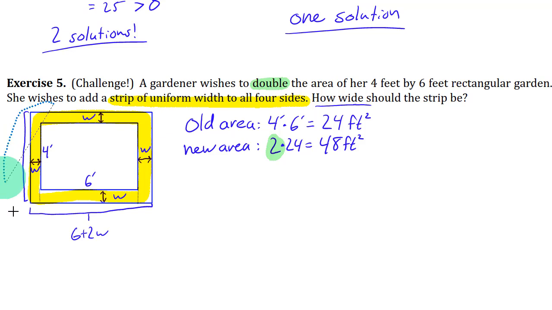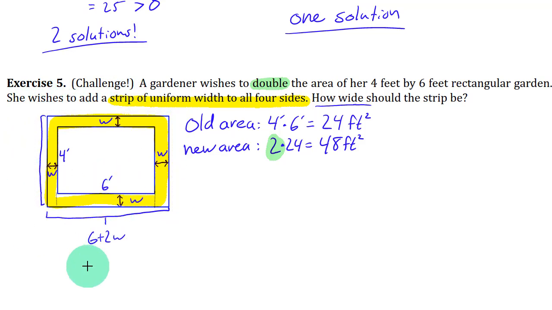The new height was 4, but then there's an extra W on the top and an extra W here. So that new height is going to be 4 plus 2W.